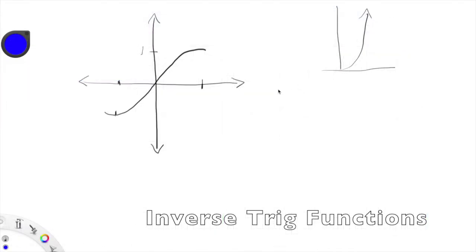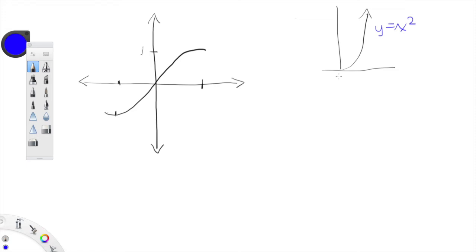Hey everybody, I just thought I'd do a quick explanation of the concept of inverse trigonometric functions. The way you want to do this is to start out by remembering what an inverse of a function is. If you have a function like y equals x squared, to get the inverse, you swap variables.